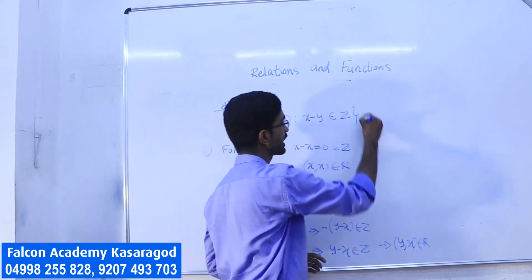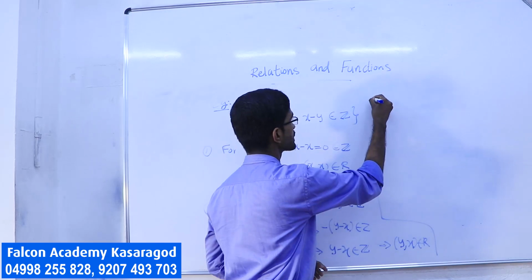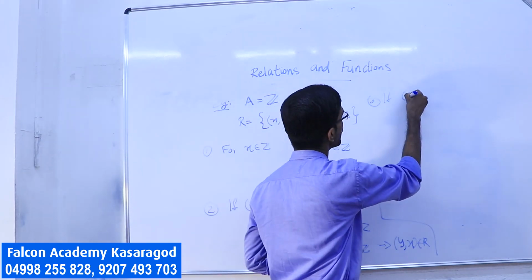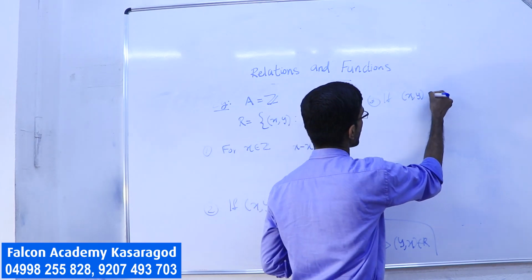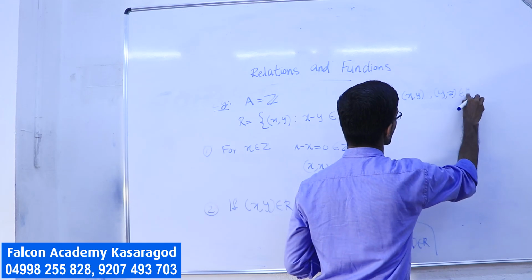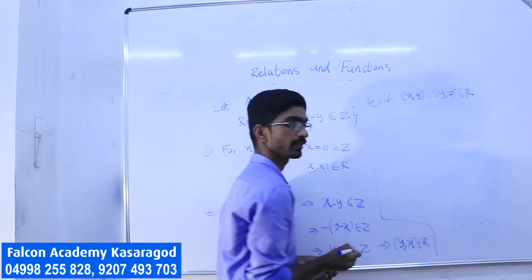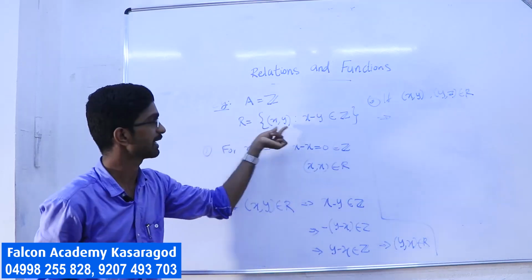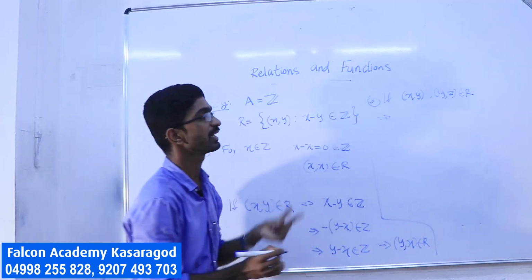The third condition is transitivity. Maybe we can check, if (x, y) and (y, z) belong to R. This will give you (x, y) is in R. That means x minus y is an integer.